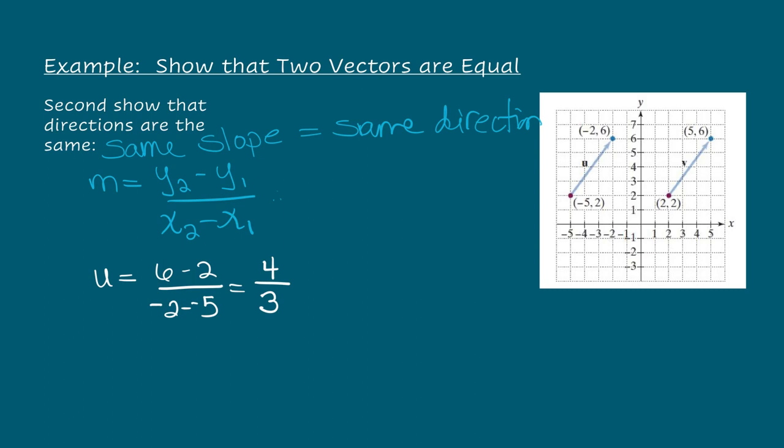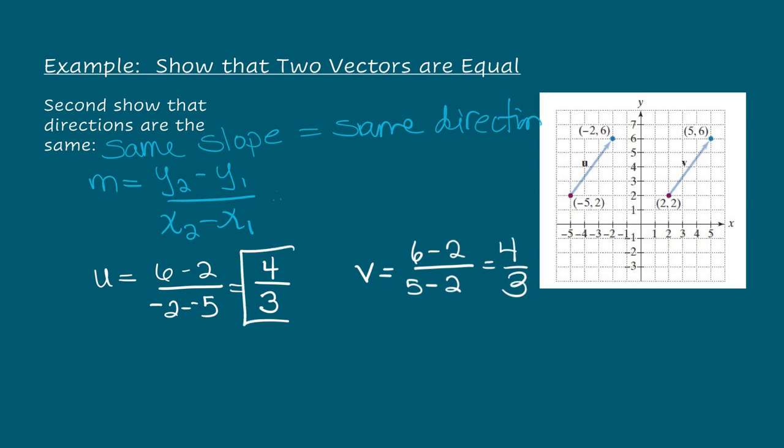And for v, we're going to have 6 minus 2 over 5 minus 2, which is also 4 over 3.